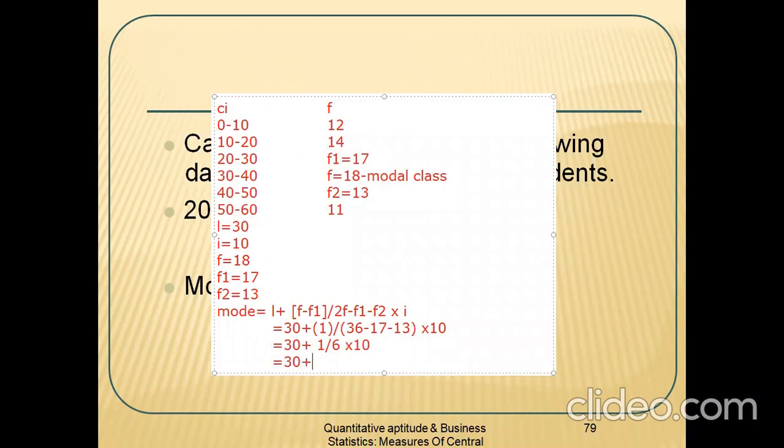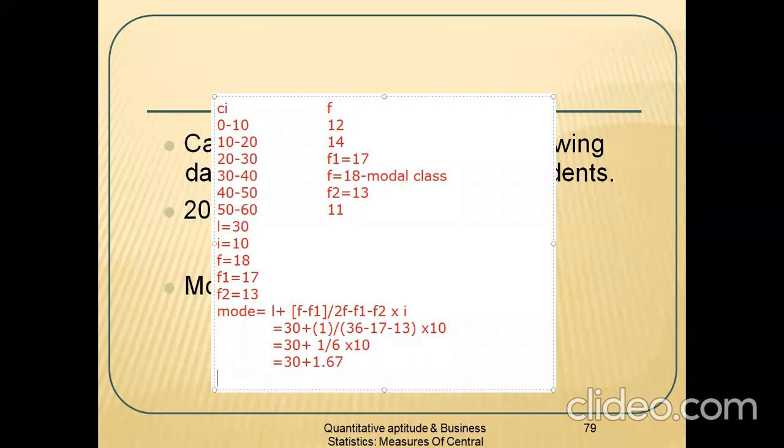So 30 plus, 1 into 10 is 10, and 10 divided by 6 is 1.67. So 1.67 should be considered here. So 30 plus 1.67 is equal to 31.67, which is the mode value. Therefore, here mode is equal to 31.67.